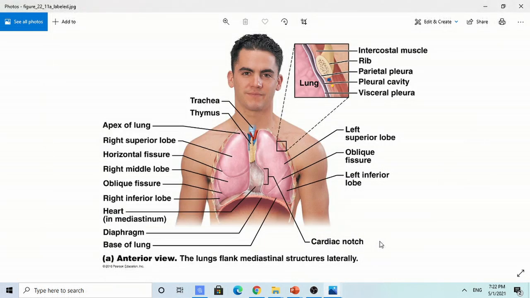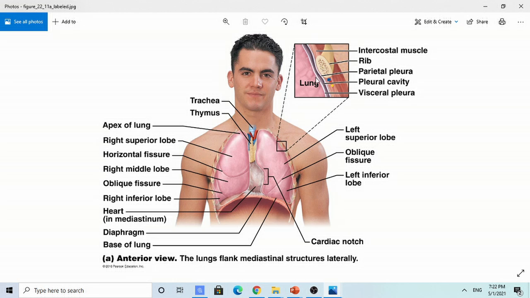The next structure of the respiratory system I would like us to look into is that the lungs are surrounded by two layers of membrane known as pleurae. If we take a piece here at the border of the lungs, this is what we get.